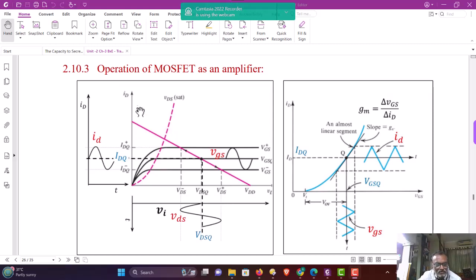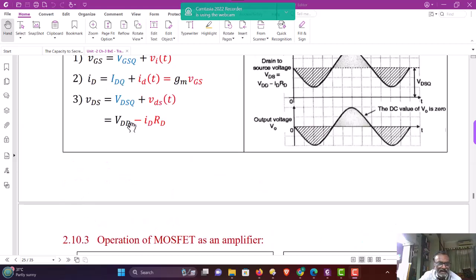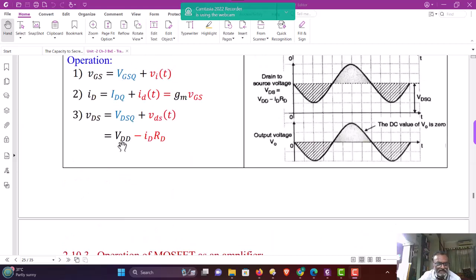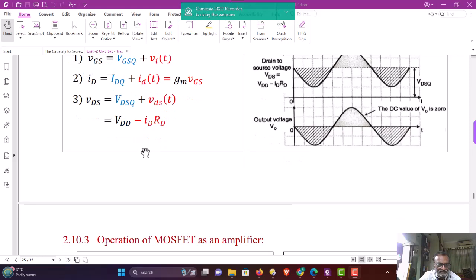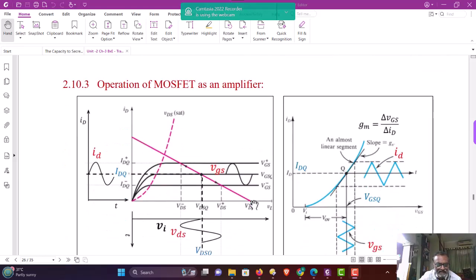This load line intersects the y-axis here at the value ID equal to ID max, given by VDD by RD, and this line crosses the x-axis here at the value VDD. These two endpoints can be derived from equation number 3.